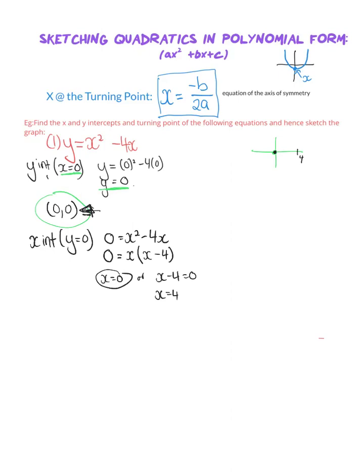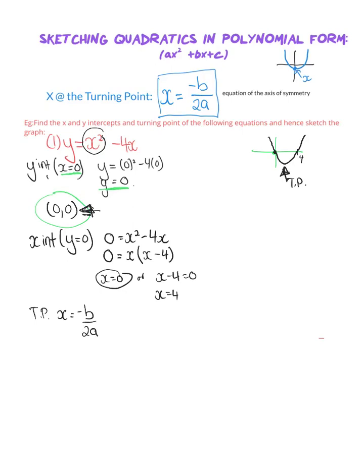So our quadratic is a positive quadratic, so it's a happy face, so it's doing something like that at the moment. The last thing we need to get is the turning point. So we'll use the turning point formula. We know that x equals negative b over 2a.